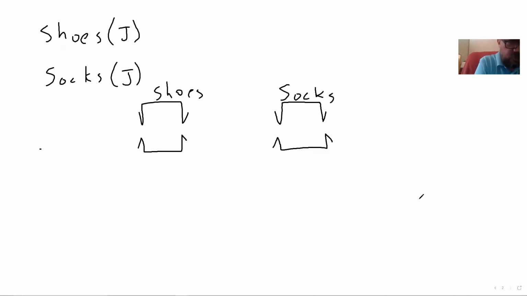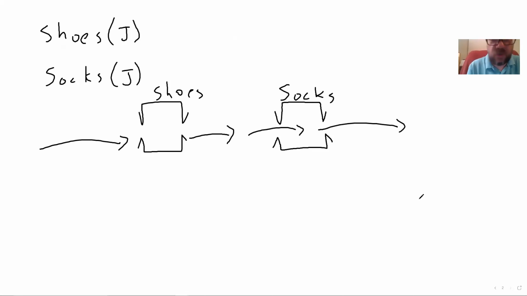So if I start over here, and I go into the shoes machine, and I come out with shoes on, and then I go into the socks machine and come out with socks on top of my shoes, that has not gone well. That's not the order I want to run these machines in. I want to go into socks first and then shoes. So you can see that it matters what order you do functions in some of the time. Most of the time it does. Once in a while it won't matter, but that's not the general case.